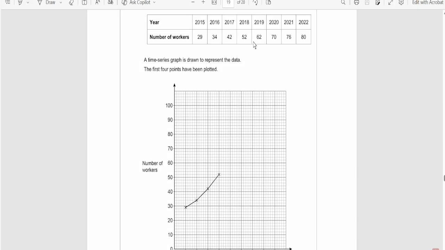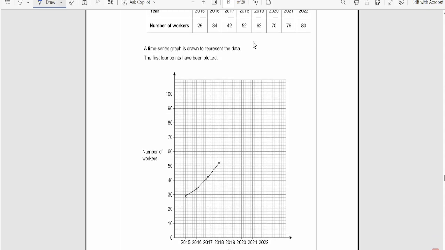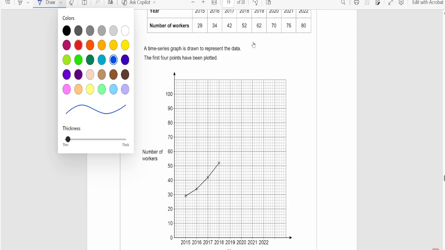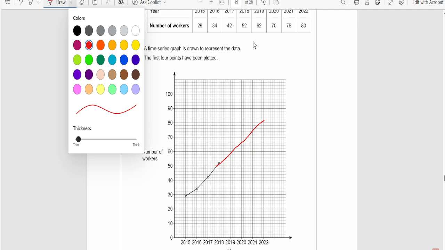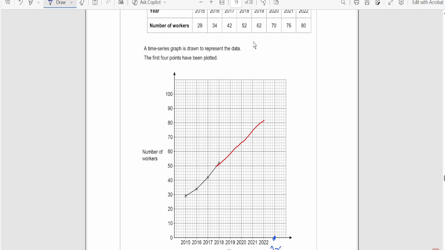Okay. So my graph is going like this till 2022. Now this is going to be the year 2023, right? After 2022, it is asking how many workers would be there in 2023.